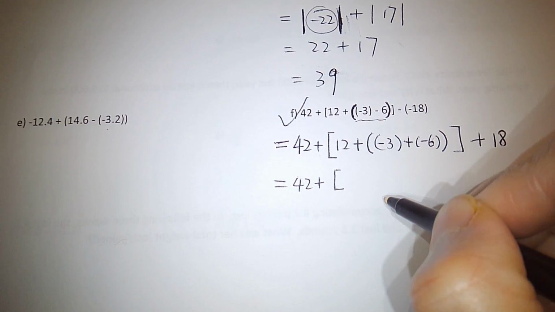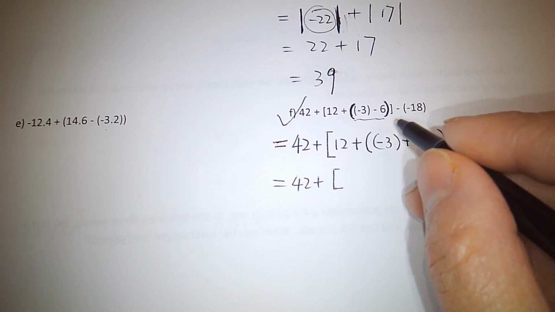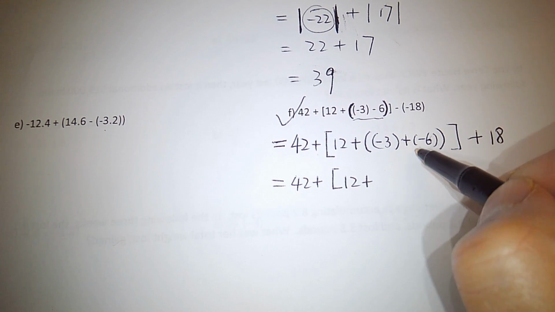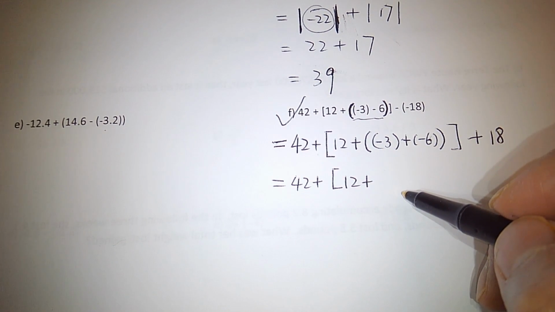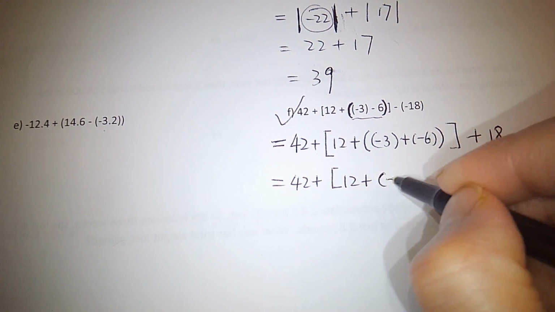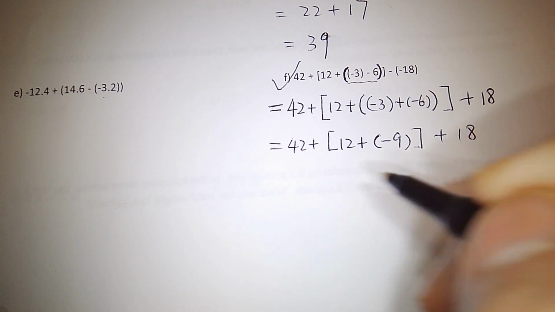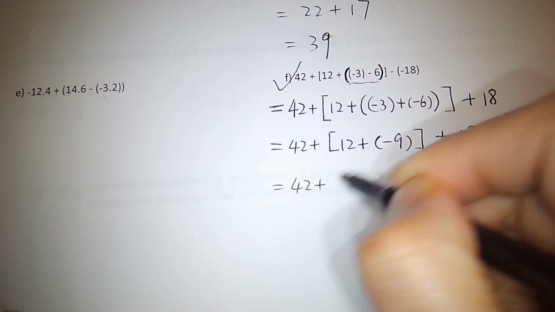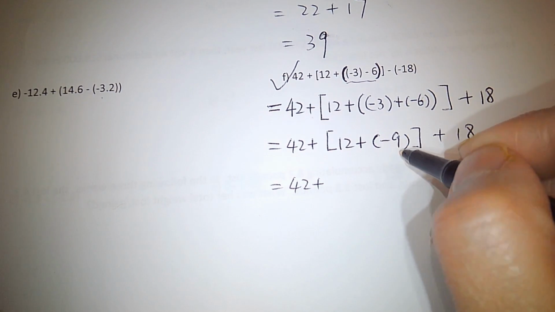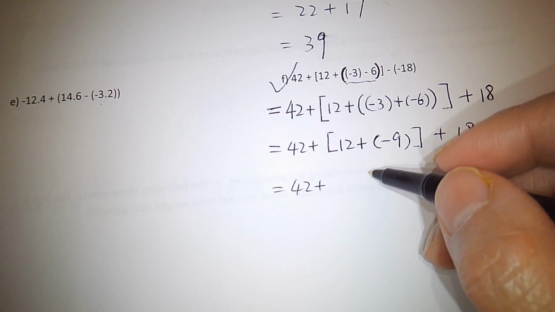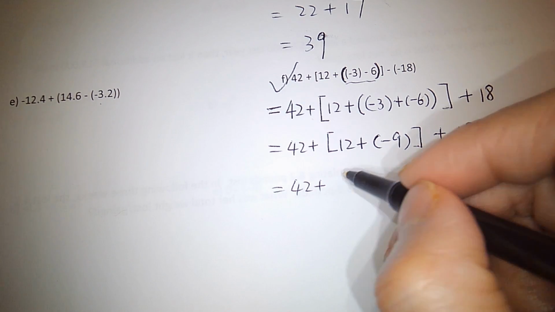42 plus bracket, we still have to deal with this parenthesis, right? So 12 plus, what's negative 3 plus negative 6? Negative 9, right? Plus 18. So compute the bracket first, 12 plus negative 9. That's positive 3.